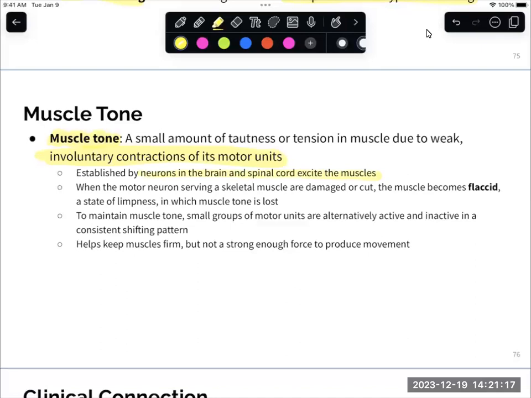When motor neurons that go to skeletal muscles get cut, the muscles become flaccid, flat. There is no muscle tone to them whatsoever. To maintain the muscle tone we see in a person, small groups of motor units alternate contracting, again to prevent fatigue, but it helps maintain a partial bit of contraction to allow your muscles to have some sort of shape to them.